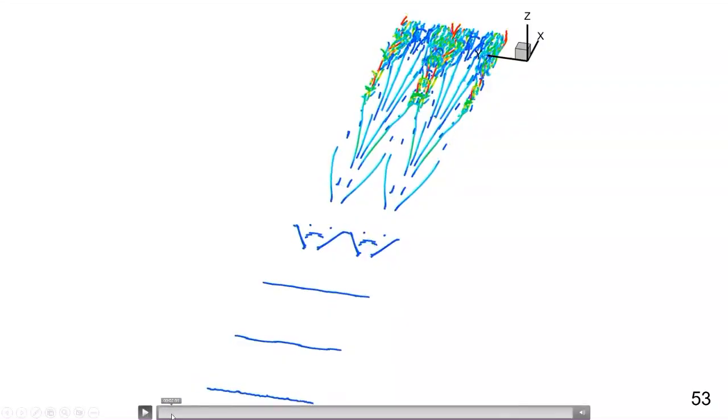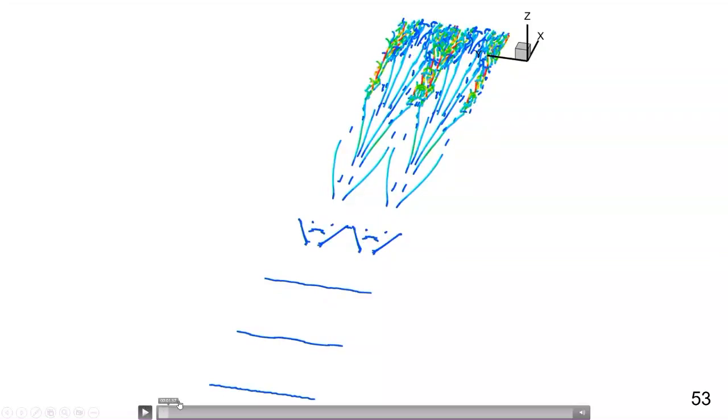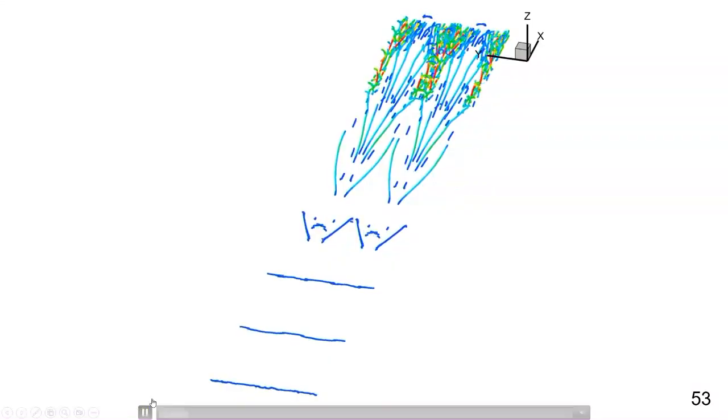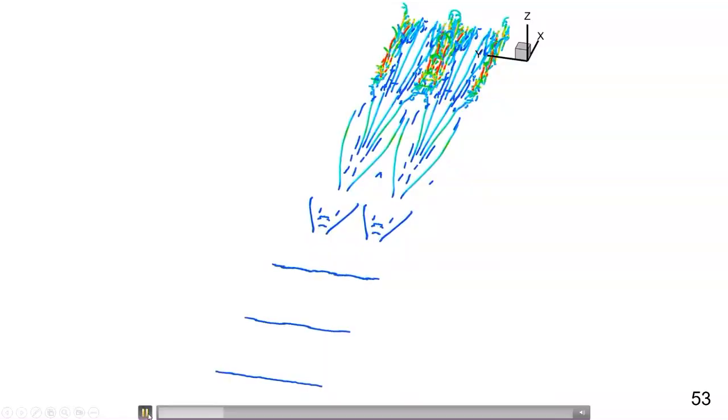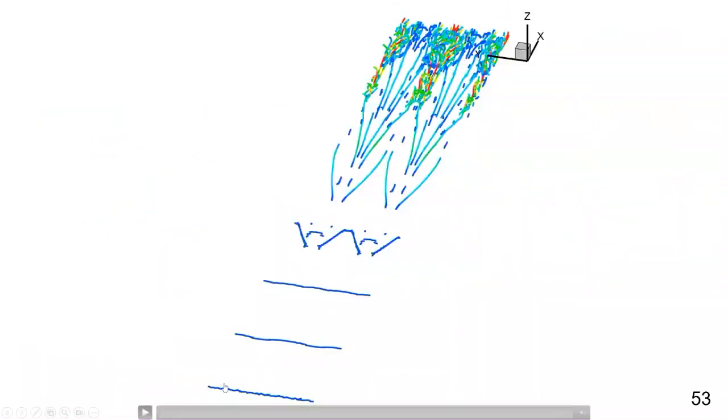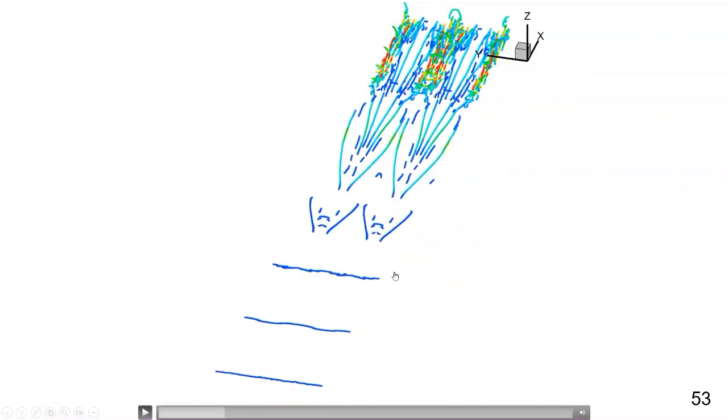Okay, and let's look at the video again. This time, I would like to bring your attention to right here. Here is where we started the formation of the hairpin vortex, so we can look at the movie and observe how the vortex ring appears. So here, right? You can see with time going, it becomes longer and narrow.